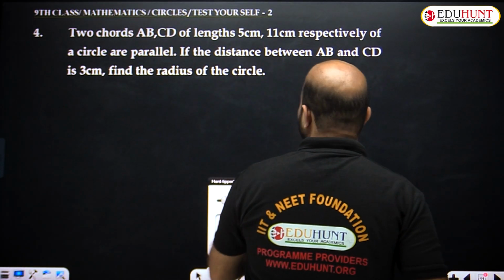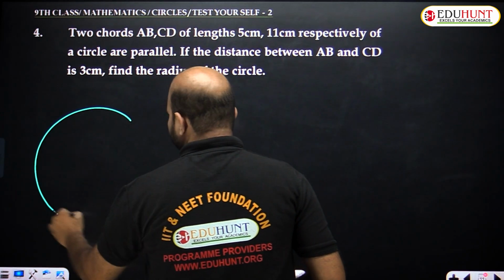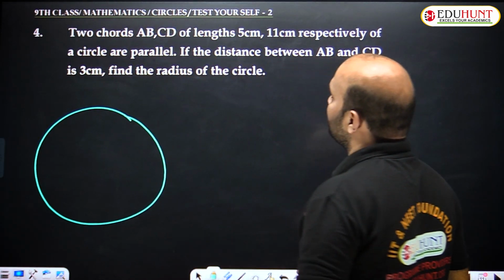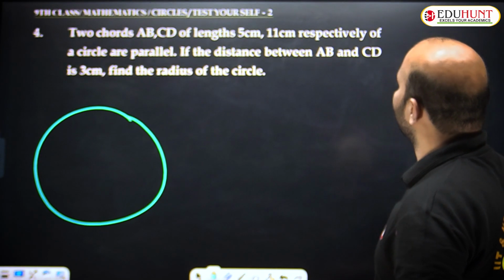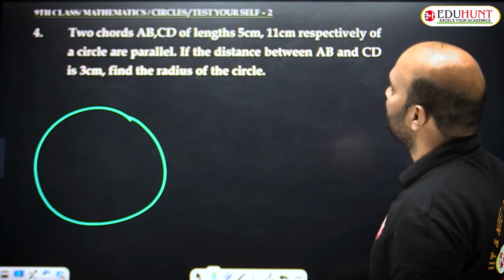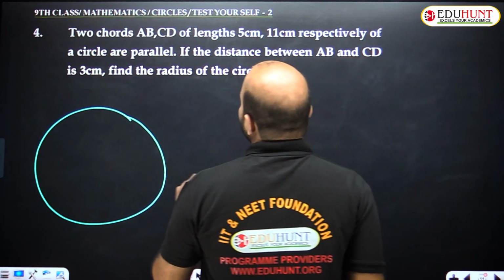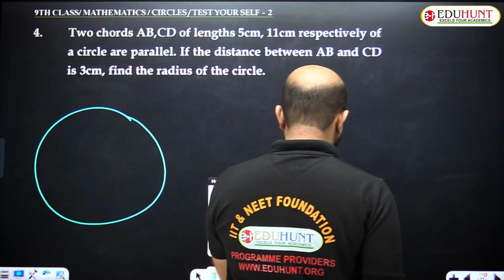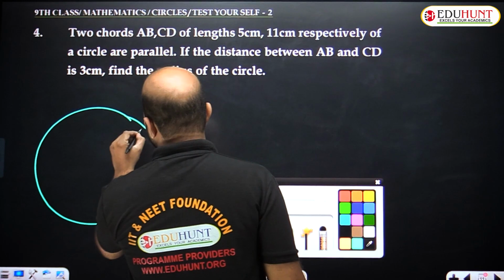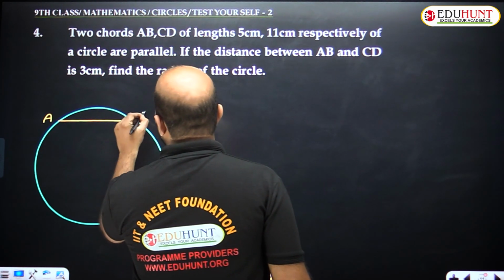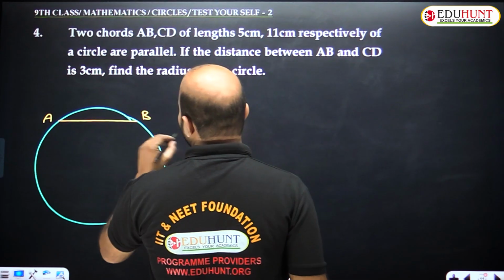So what am I given in that question? Here this is a circle, okay. Two chords AB and CD, with lengths 5 centimeters and 11 centimeters respectively, are parallel. So AB and CD are parallel. AB is a chord with length 5 centimeters.